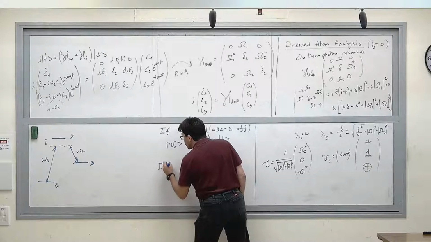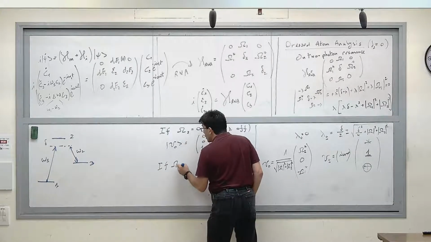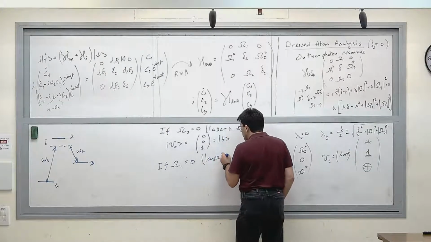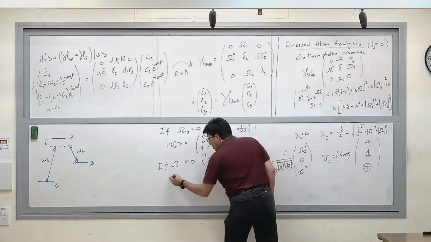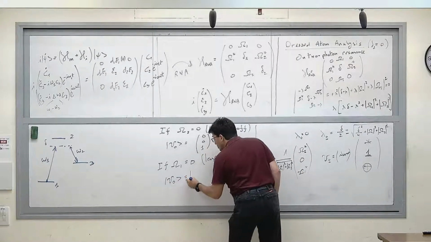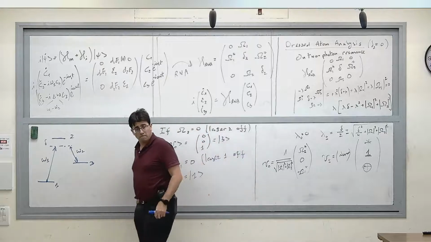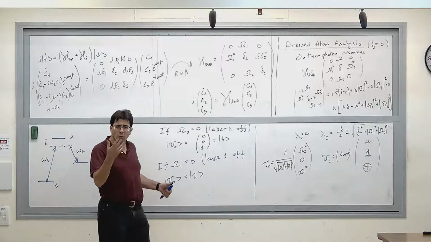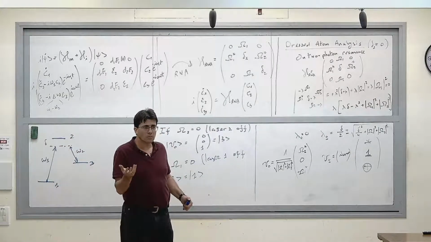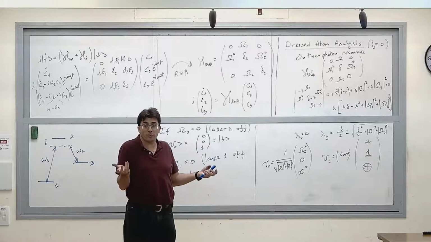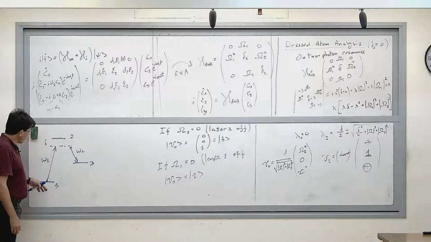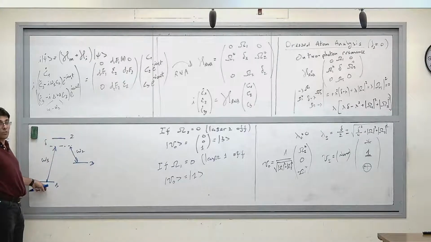Now, if omega 1 is 0, meaning, of course, laser 1 is off, then this state V0 is state number 1. And it makes sense, so that you understand why we call it the dark state. This is the state that is decoupled from the light. If laser 1 is off, then of course state 1 just doesn't see anything, doesn't move anything. It's dark.